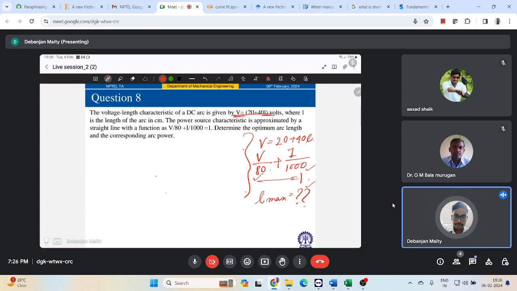I have an equation V by 80 plus I by 1000 is equal to 1, right? If we want to convert voltage in terms of current, I can write V is equal to 80 into 1 minus I by 1000, putting I by 1000 on the right-hand side and multiplying with 80.